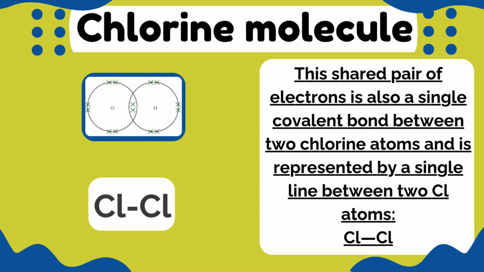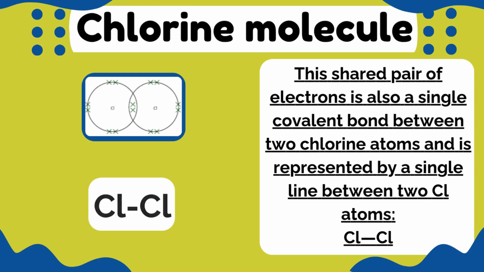Here in the box on the left hand side, you can see that two chlorine atoms are sharing their electrons. Actually, it happens by sharing the electrons from the outer shell of the chlorine atoms. You can see that the outer shell of each chlorine atom has 7 electrons.